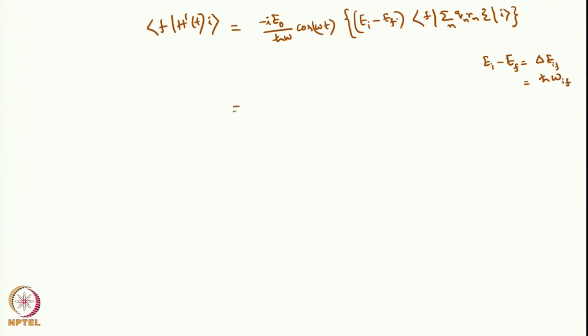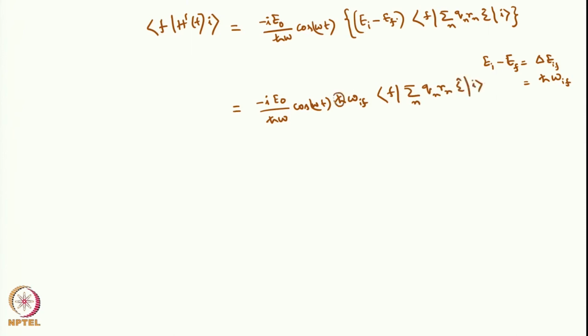So, this is equal to minus i E naught h bar omega cos omega t, this will be h bar omega i f integral f sigma over n q n r n epsilon i.